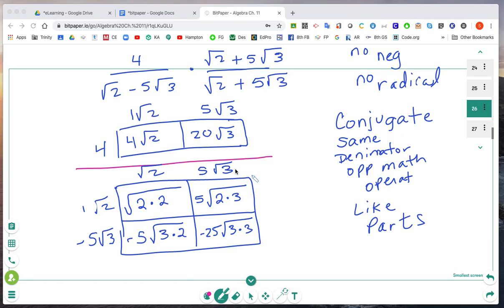All right, so again, what we've looked at is we did our conjugate first, found the opposite math operation. This was subtraction, this is addition. Brother-sister rule. Take my 2 numerators and multiply, so I put them in a box.